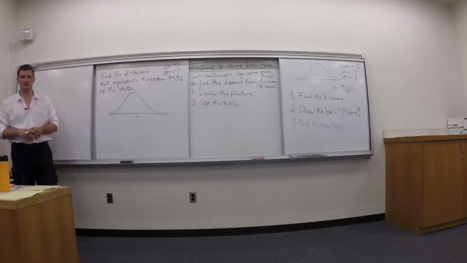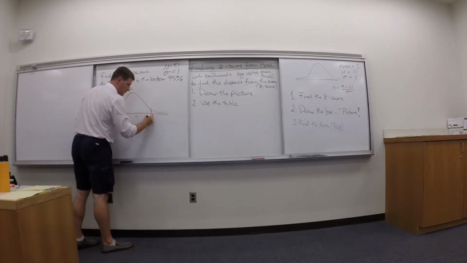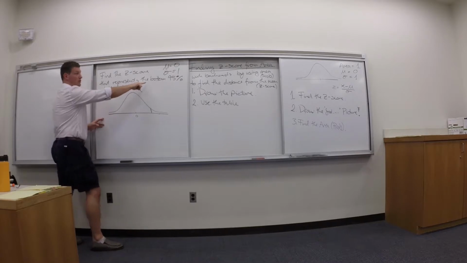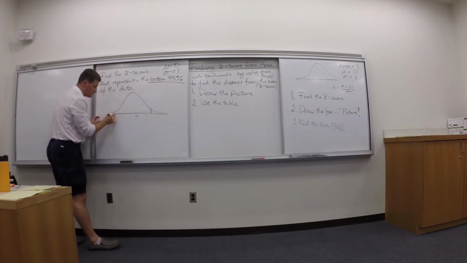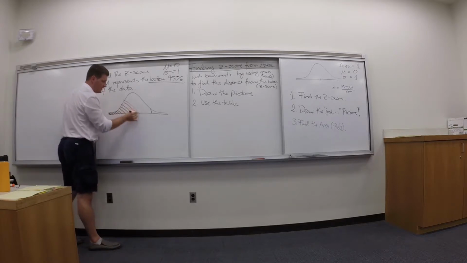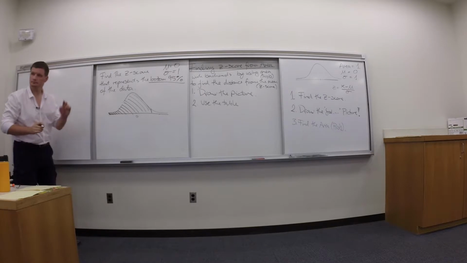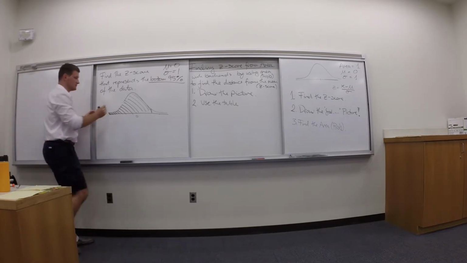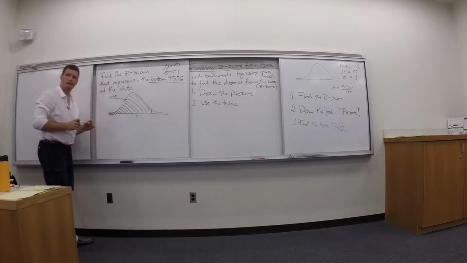Where is the 95% of the data? No. Bottom 95. So we start from scratch, negative infinity, and we take the whole thing. This whole thing is 0.95.